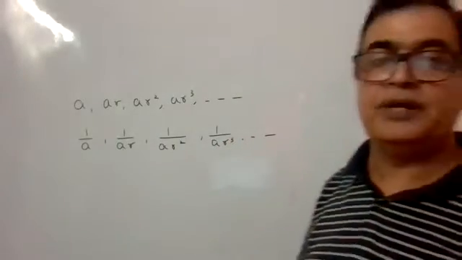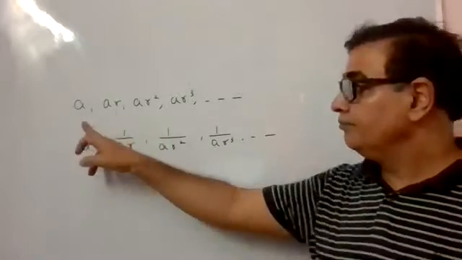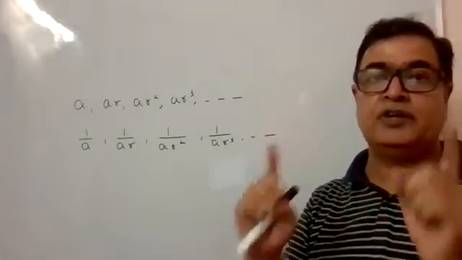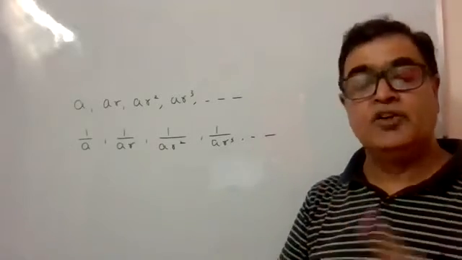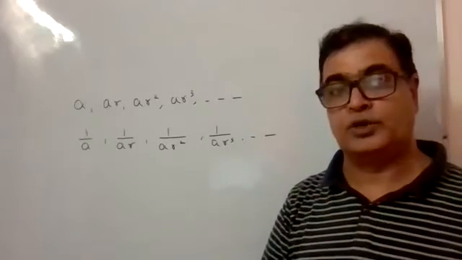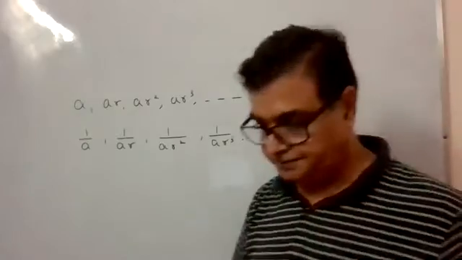Yes, it is forming a GP again. If you take reciprocal of each term of GP, it will give you another GP where first term will be reciprocal and the common ratio is also reciprocal. First term will be 1 by A, common ratio will be 1 by R.